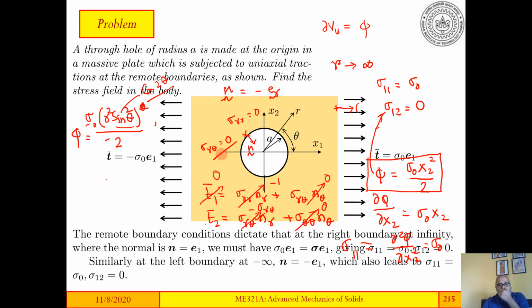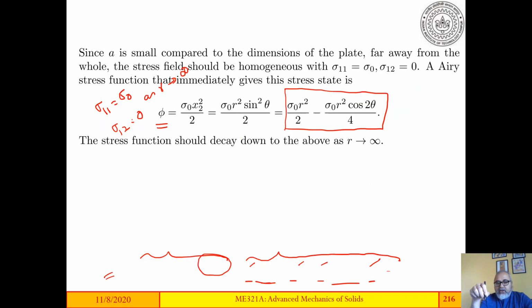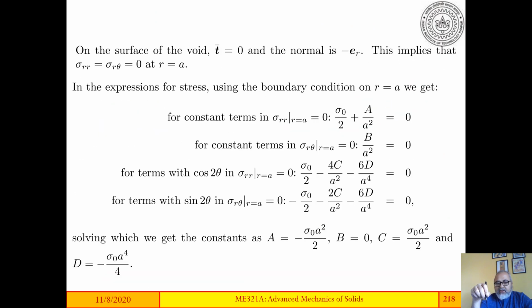So what I have here are these boundary conditions at the hole, which give me that sigma RR and sigma R theta are equal to 0 at R equal to A. If I had worked here in the Cartesian coordinate system, I would have got a more complicated boundary condition.